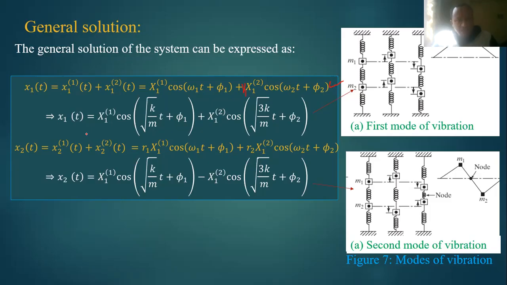So what does this equation imply? Masses are moving, for example, mass 1 and mass 2 in the first mode. One moves up, the second one also moves up. The second one down, the first one also moving down. It means they are in the same phase, they are moving the same.